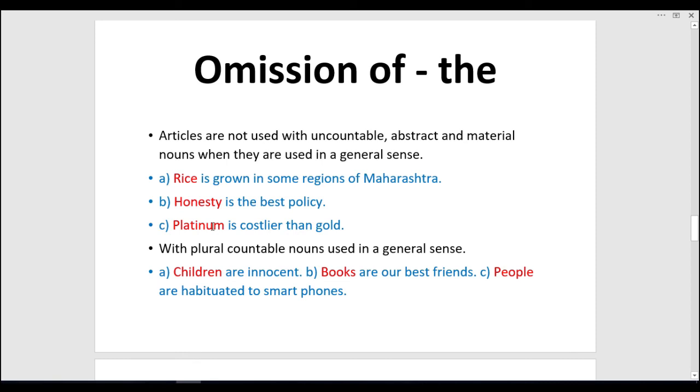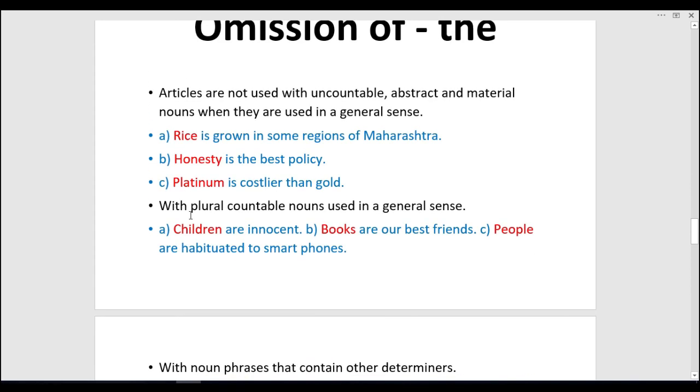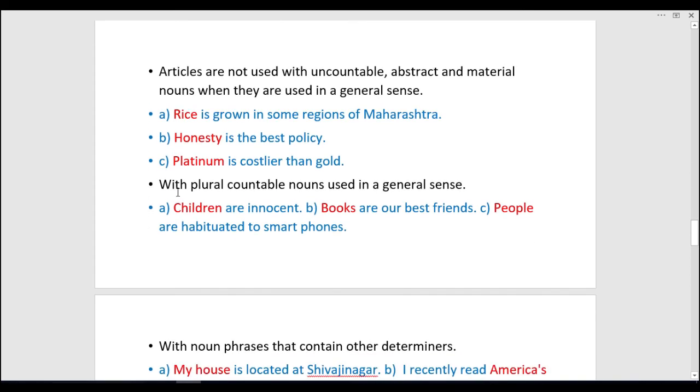Next rule for omitting the, with plural countable nouns used in a general sense. For example, children are innocent. Here children is a countable plural noun, but it is used in a general sense. Here children means all the children, it represents the whole class of children, so we have dropped the.